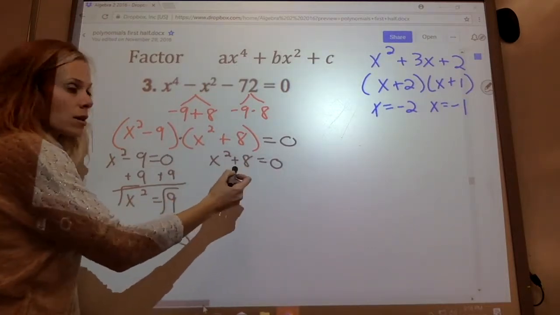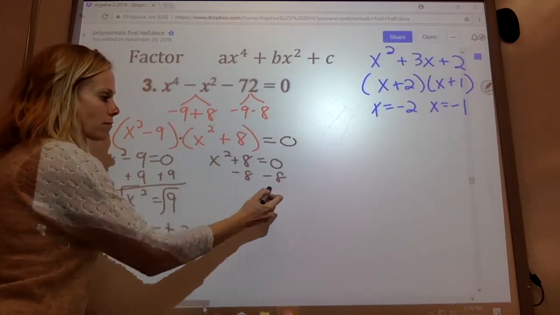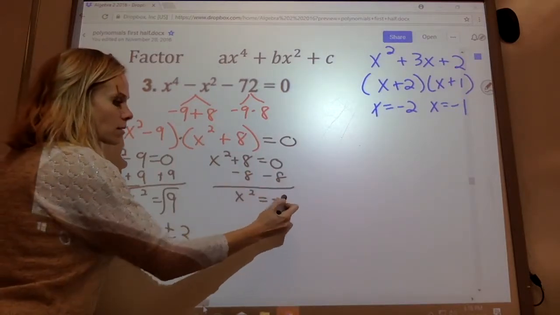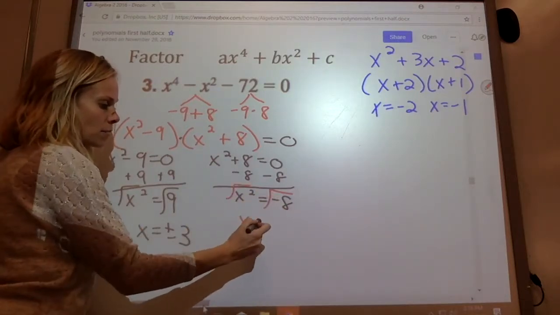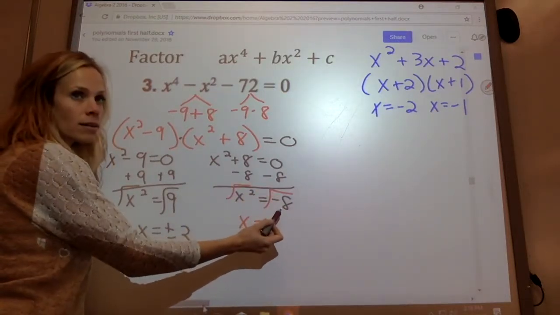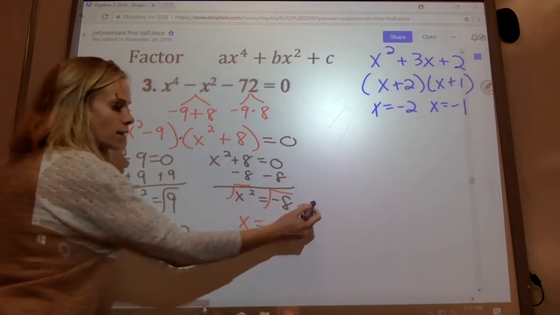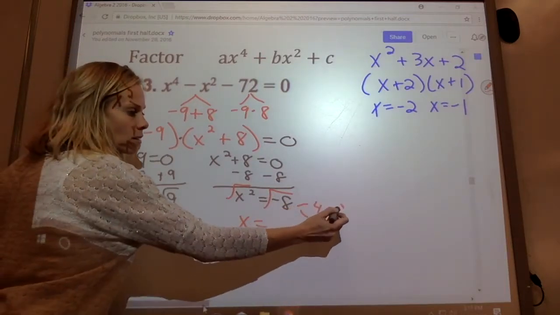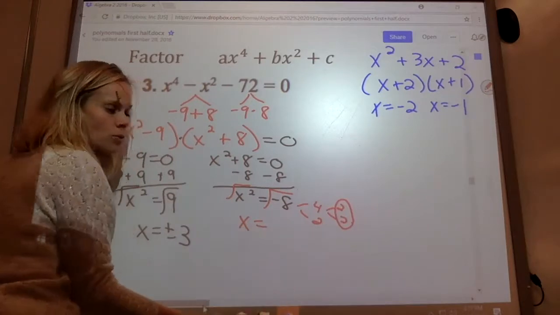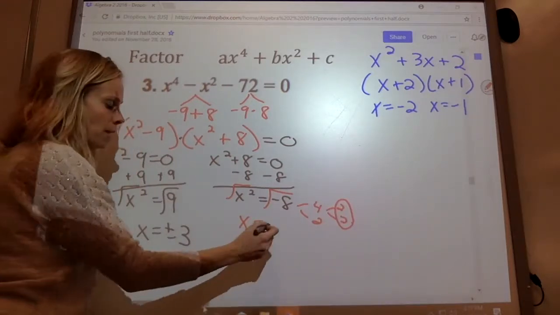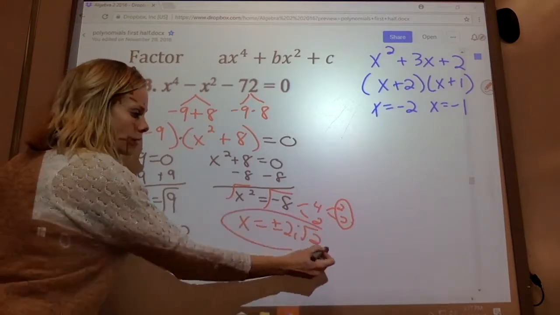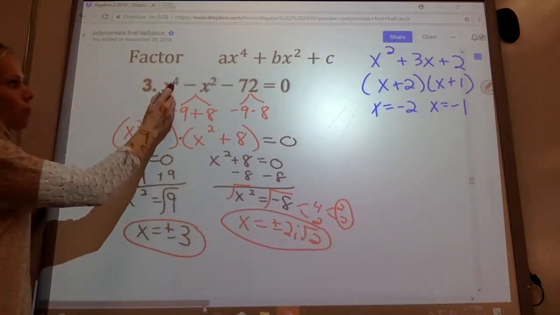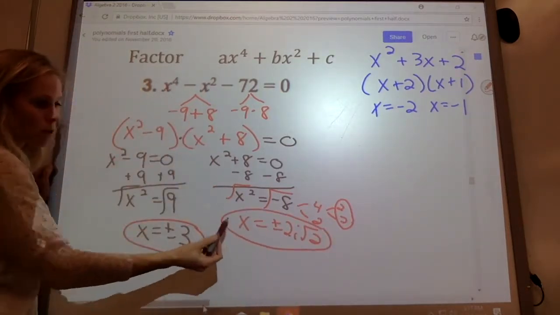So again, subtract 8. Square root both sides, but I need the square root of negative 8. So I know an i is going to come out, and you should recognize there's 2 2's to come out. So it would be plus or minus 2i root 2. So this is a 4th degree polynomial, and I have 4 roots.